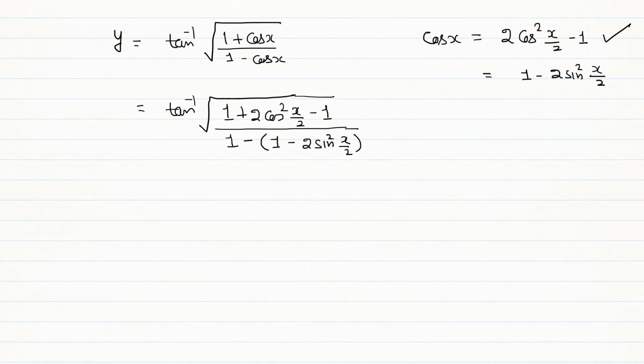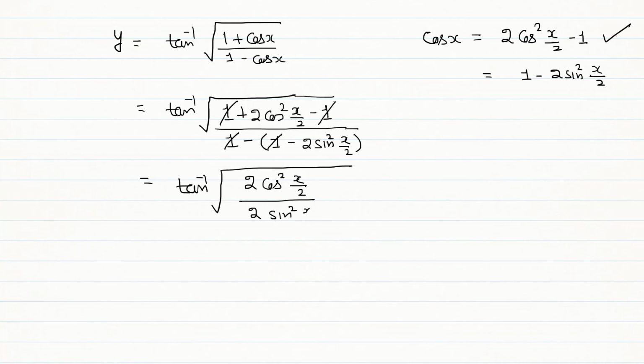Now simplifying both of them, I am still getting tan inverse under root of, if we open the bracket, you can see this minus 1 and this plus 1 cancel. If we open the bracket here, this one and this one cancel. So in the numerator left with 2 cos square x by 2, while in the denominator left with minus minus plus, left with 2 times sine square x by 2 again.